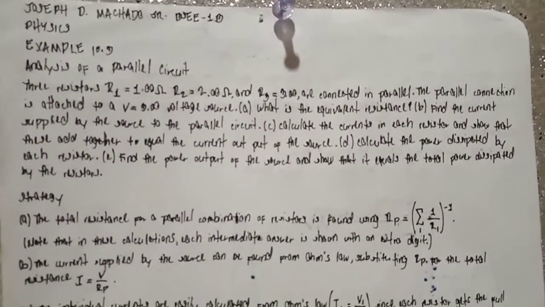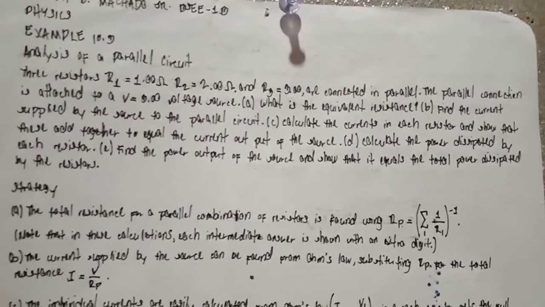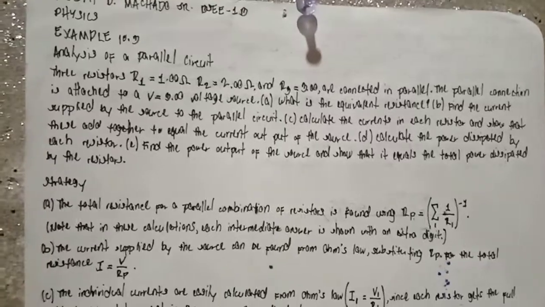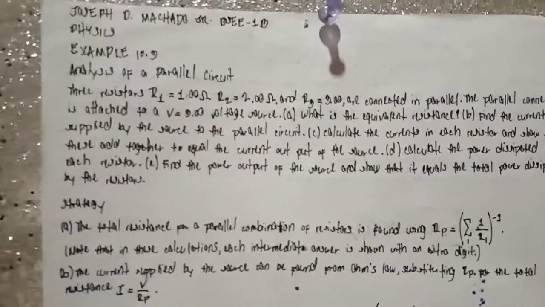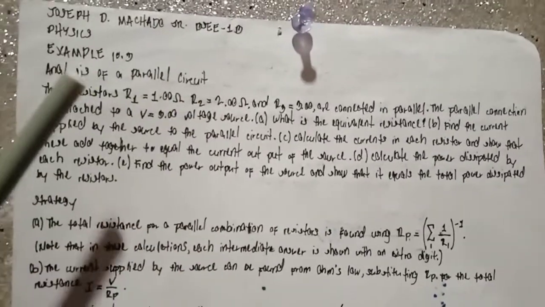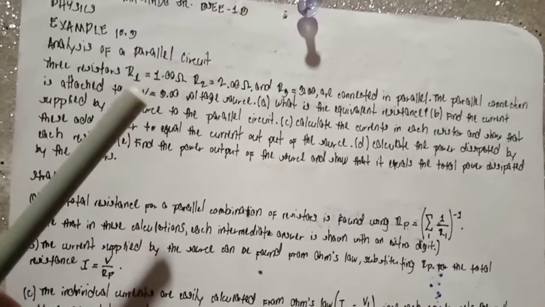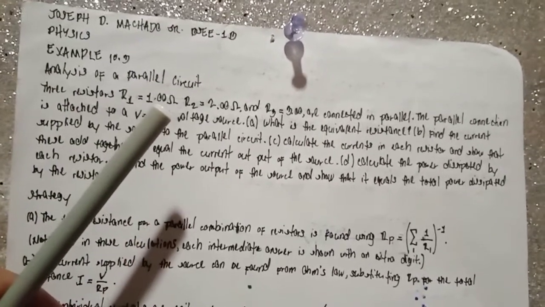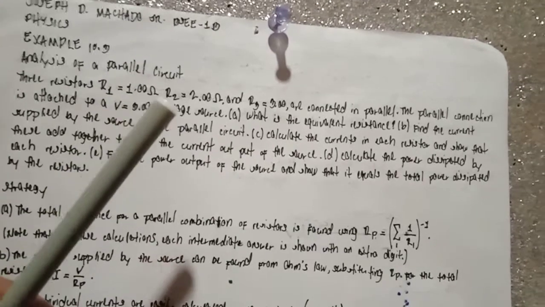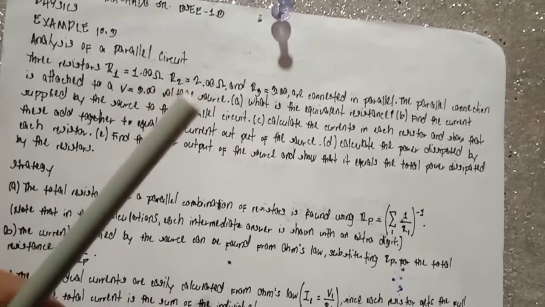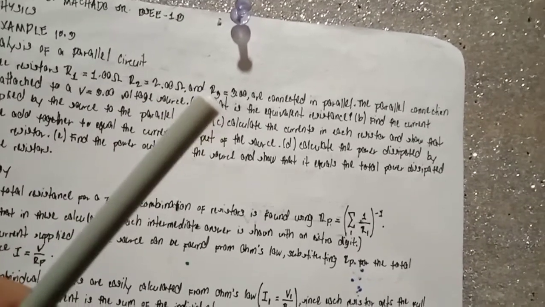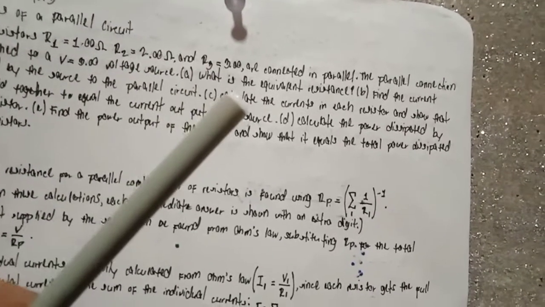Continued in Lecture 4, Series and Parallel Circuits, Example 10.3, Analysis of a Parallel Circuit. Three resistors, R sub 1 is equal to 1.00 ohm, R sub 2 is equal to 2 ohms, and R sub 3 is equal to 3 ohms, are connected in parallel.